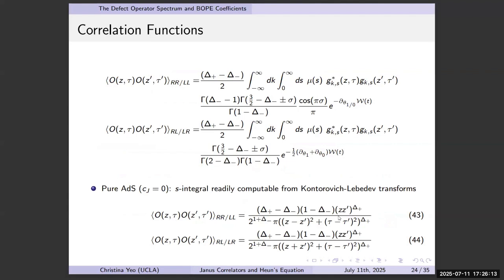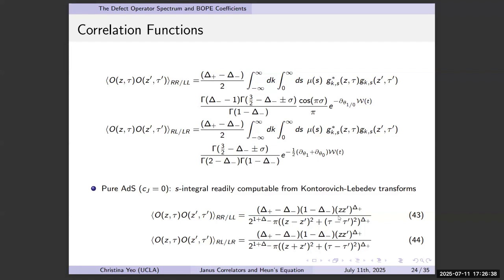When we have the sources on opposite sides of the defect, it looks quite different, but what we need to pay attention to is this gamma function here. Oh, and I should make the notation clear. This plus-minus means gamma of Δ plus sigma times gamma of Δ minus sigma. It's just a shorthand so that not everything is overcrowded.